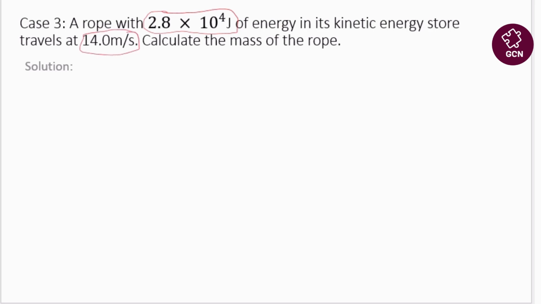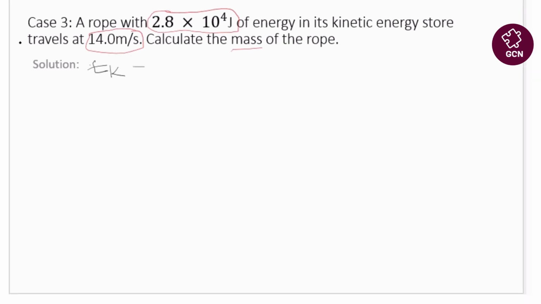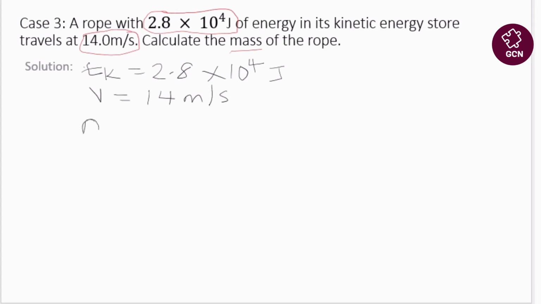So we are asked to find the mass of the rope. E subscript K is 2.8 times 10 raised to power 4 joules. And we are given the speed, which is 14 meters per second. We are asked to find the mass.